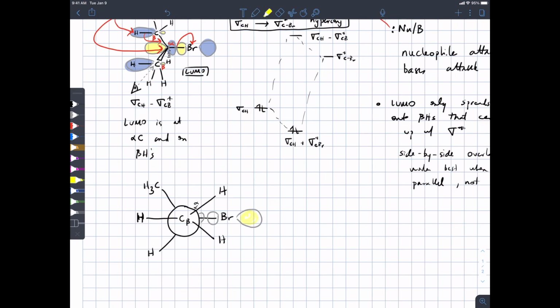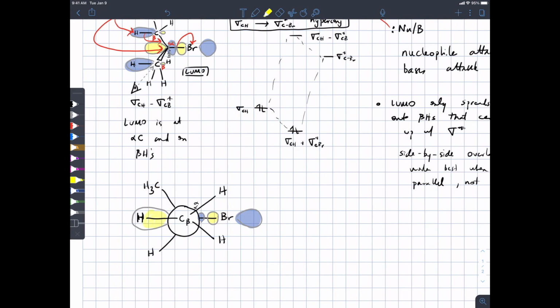This is the sigma star on that alpha carbon. I guess I better keep the phase the same to be consistent. We've got orbital density in between the two nuclei, between the alpha carbon in the back and the bromine. There's a node in between them, and then the other lobe on the sigma star sticks out on the other side of the alpha carbon.